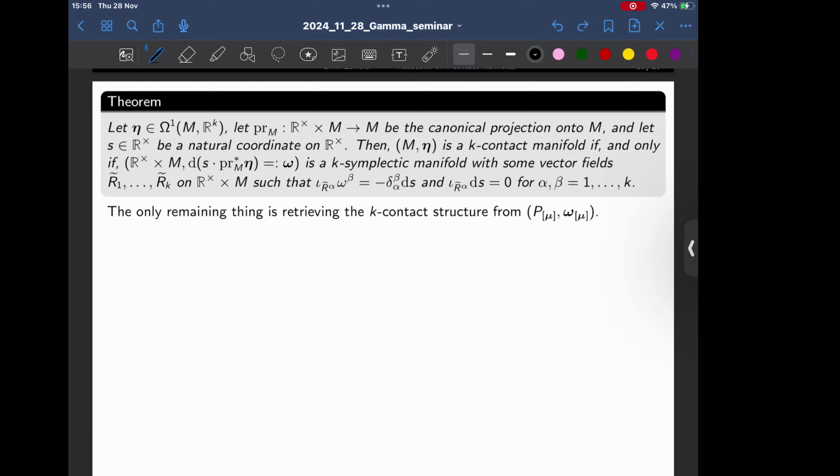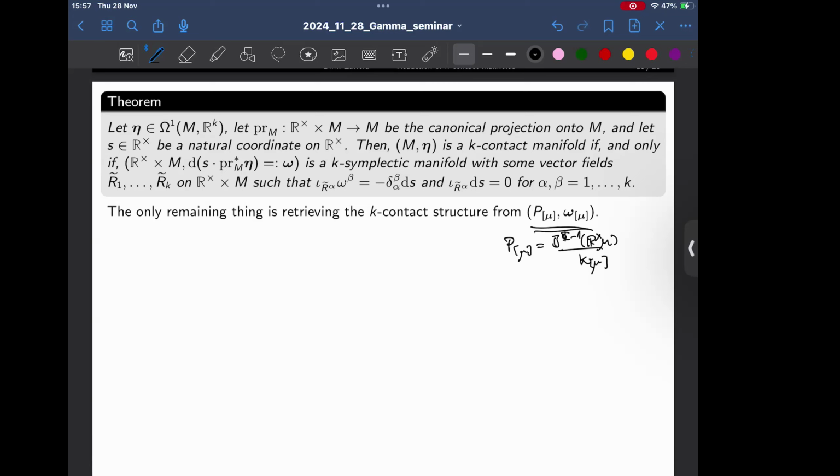And the contraction of ds with R tilde_alpha equals 0, for every alpha and beta from 1 to k. So now the question is how to retrieve the k-contact structure from the reduced k-symplectic structure on P_mu, omega_mu. Let me recall that this is J_phi^{-1}(R^x times mu) over K_mu.